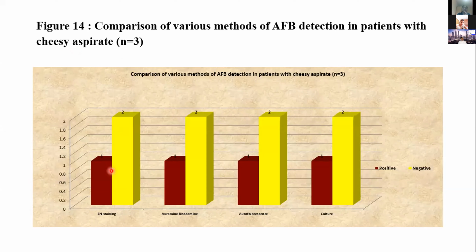Now, there were only 3 patients with cheesy aspirate, and the sensitivity and specificity of all the staining patterns, be it Zn staining, auramine rhodamine staining, or autofluorescence staining, were the same with the cheesy aspirate.